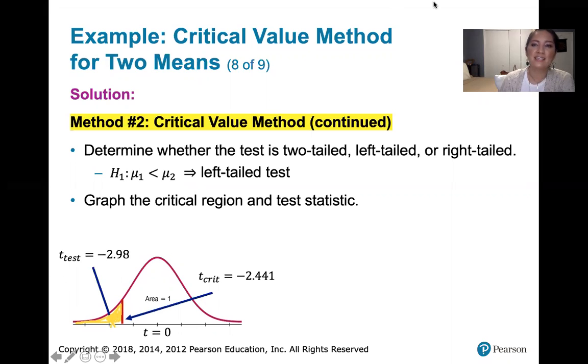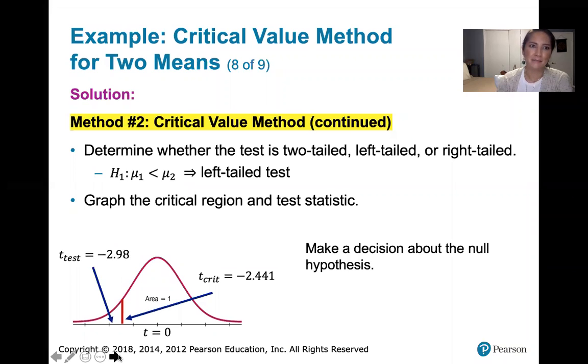So since the test statistic is in the critical region, we're going to say that that test statistic is significantly low, and that means that the x sub 1 bar minus x sub 2 bar that we have from our sample data is also significantly low. And if it's significantly low, what that just means is that it's highly improbable that that would happen given that the null hypothesis is true.